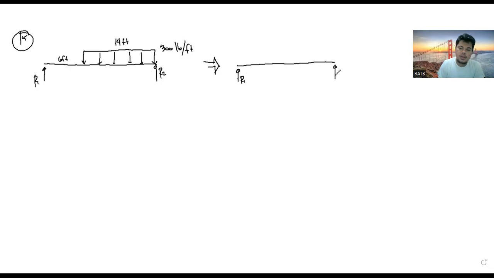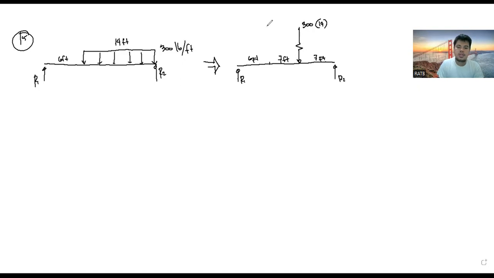So this would be R1, this would be R2, and this would be 6 feet here. It is represented by a concentrated load of 300 times 14, where the distance here is 7 feet, and you also have the other 7 feet.